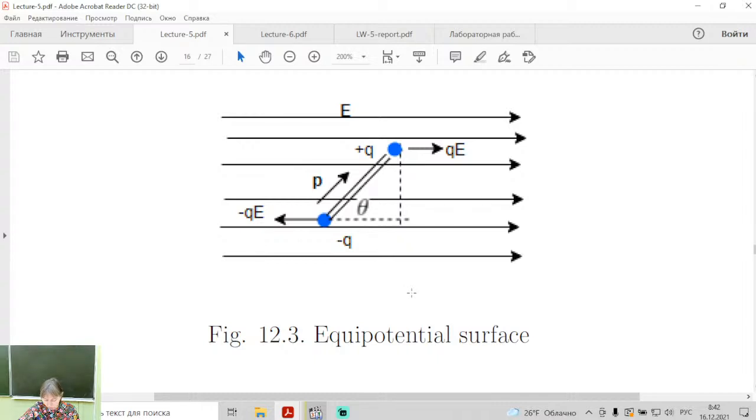The characteristic of the electric dipole, the electric dipole moment, is a vector p directed from the negative to the positive charge, with the amount equal to the product of charge and the distance between them. It's a distance d.